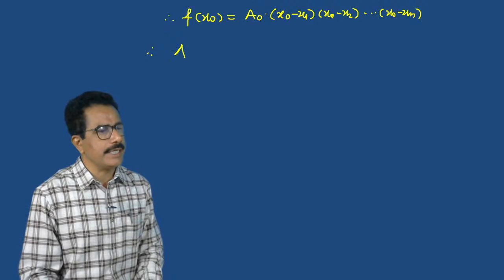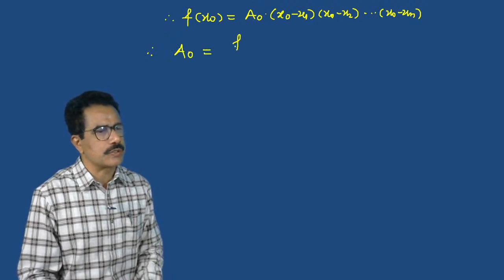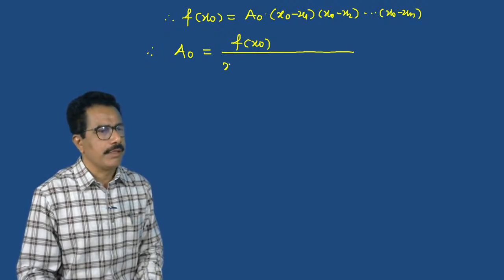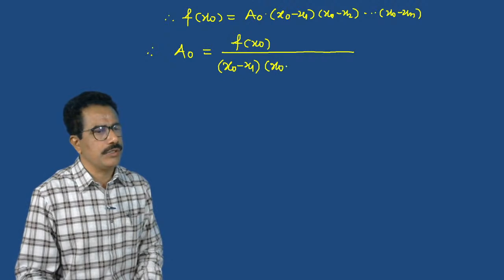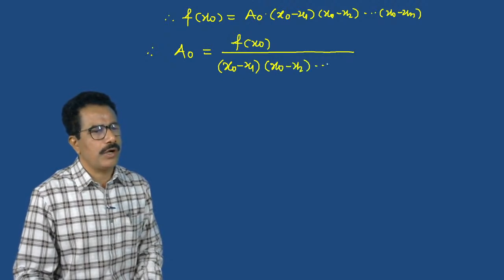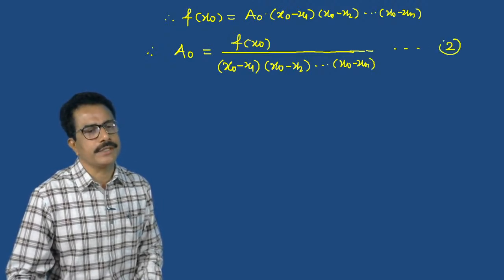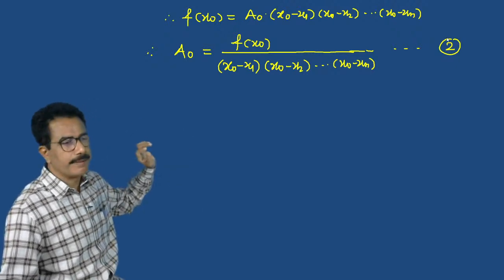Therefore we will get the value a0 is equals to f of x0 divided by x0 minus x1, x0 minus x2 dot dot dot x0 minus xn. Suppose this is equation second. This is the value of a0.